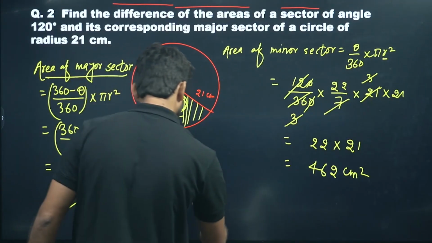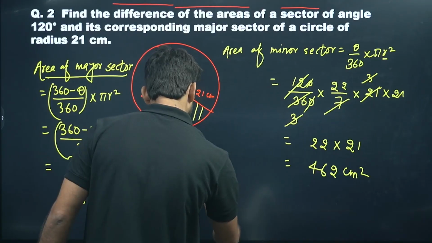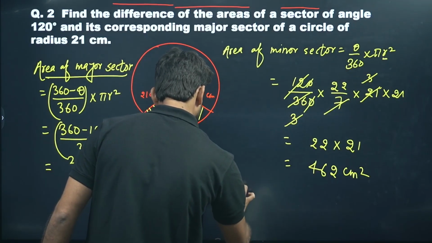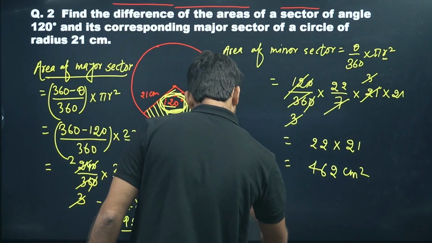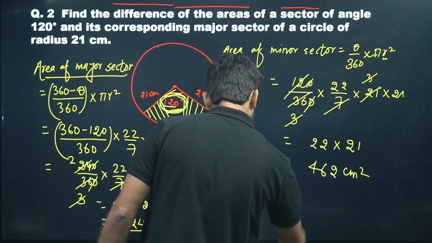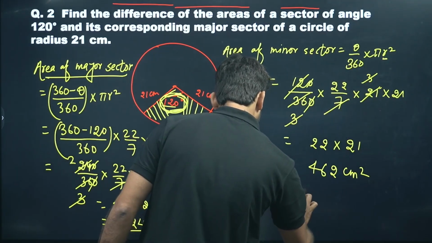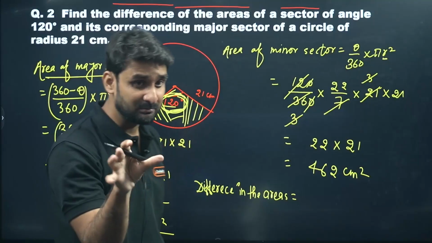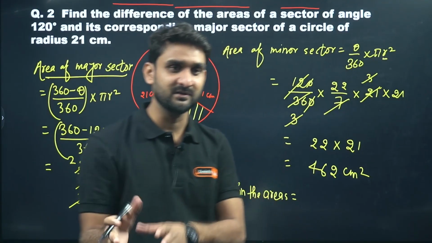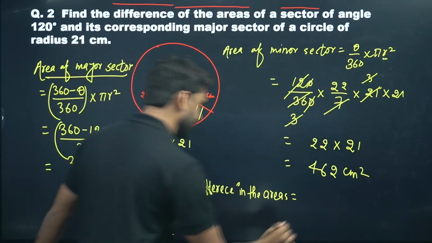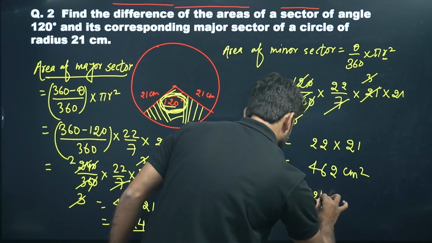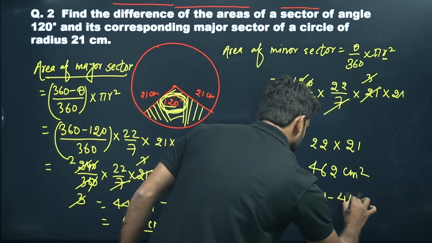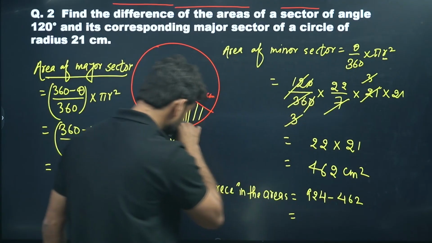So the difference in the areas. So how we can calculate the difference? To calculate the difference, we always take bigger value first, bigger minus smaller. So the bigger value is 924, and that is the area of major sector, minus 462. What will be the result?